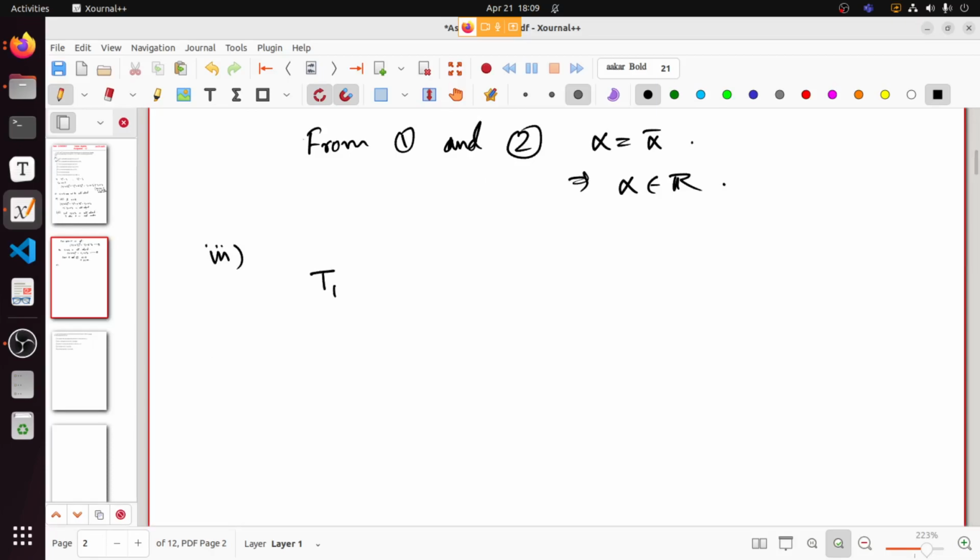For A to be normal, we have to check A A star equals A star A. So we have to check whether T1 plus alpha T2 times its star equals its star times T1 plus alpha T2.